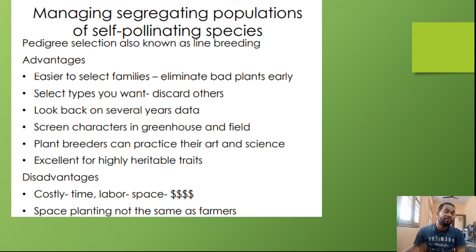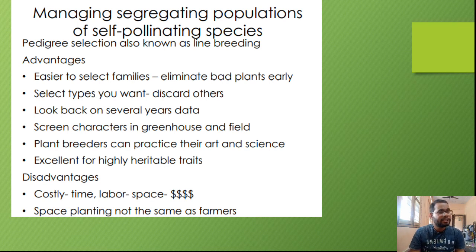This is also the method where the breeder can practice his art and science, meaning whatever skill the breeder has, he can use it in the pedigree method. It is very suitable for traits with high heritability. Heritability means how much of a trait is transferred from one generation to the next, 10%, 90%, 80%. So this method is excellent for highly heritable traits.